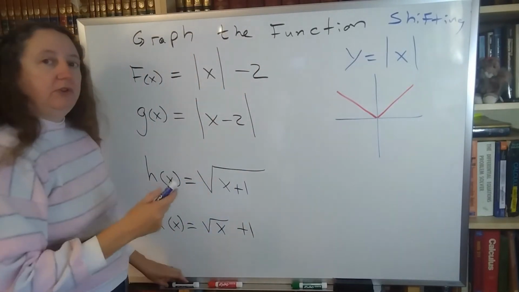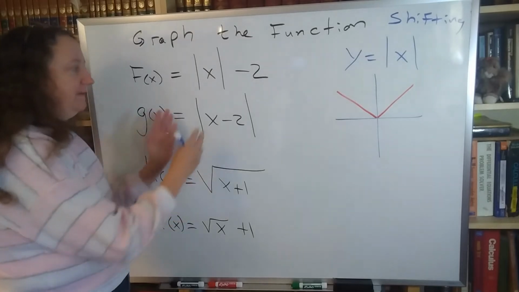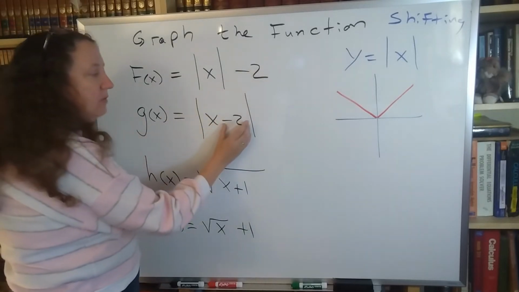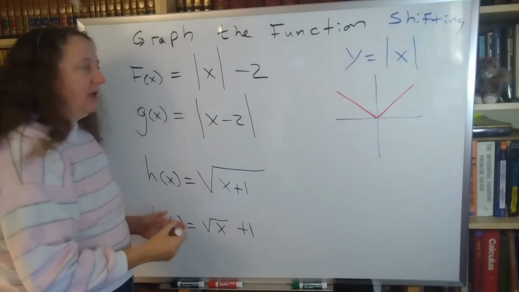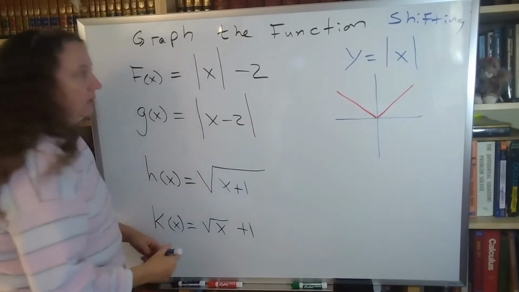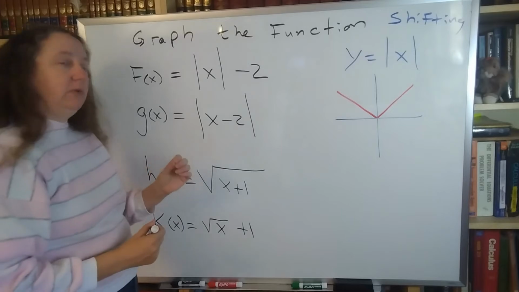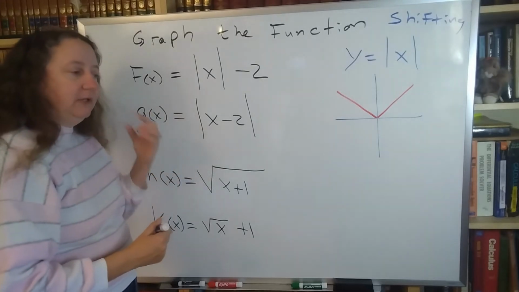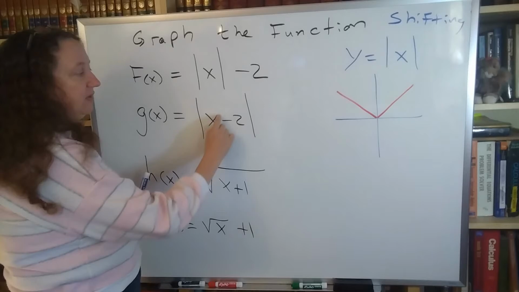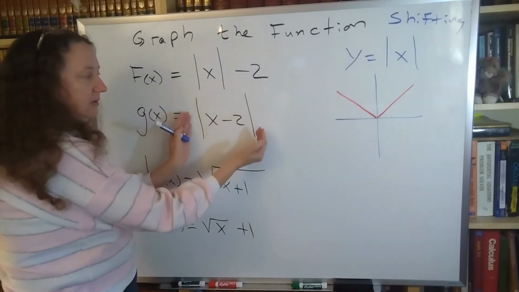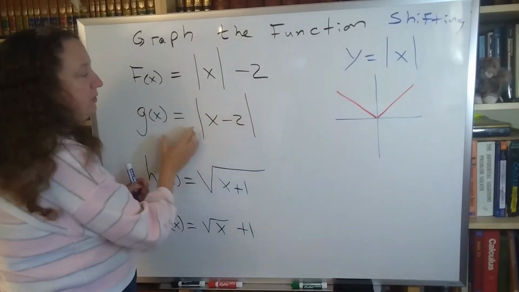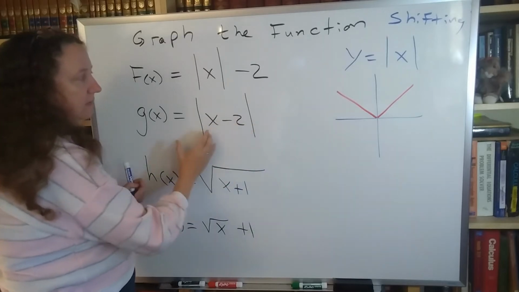And then if we want to take that and we want to shift it, we will have to know, how do these numbers modify that graph? An easy way to think of this is, if the number is inside the parentheses, and absolute value bars are a type of parentheses, then that will move your graph left and right.